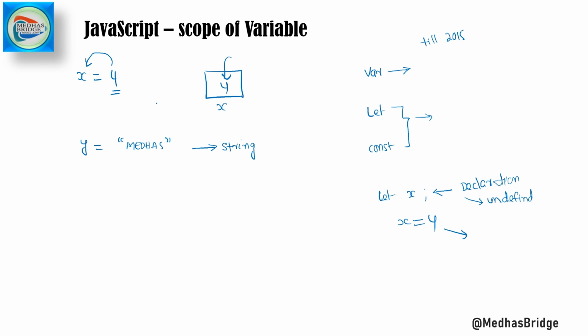You can also put declaration and definition on the same line, like let y equal to 100, because this is a way of declaring the variable and assigning to it. This is called a defined variable.